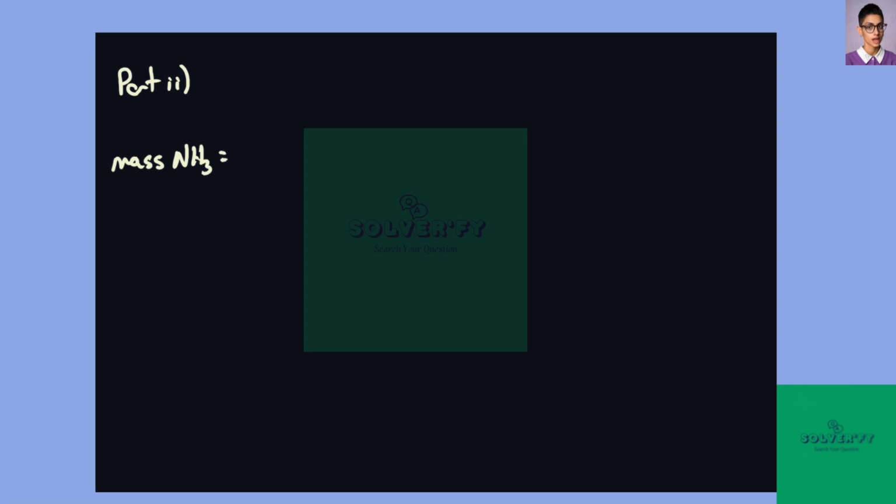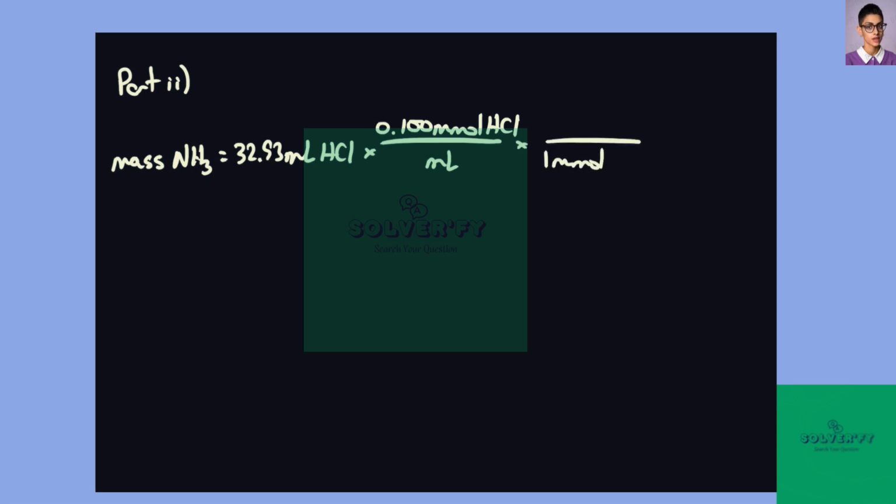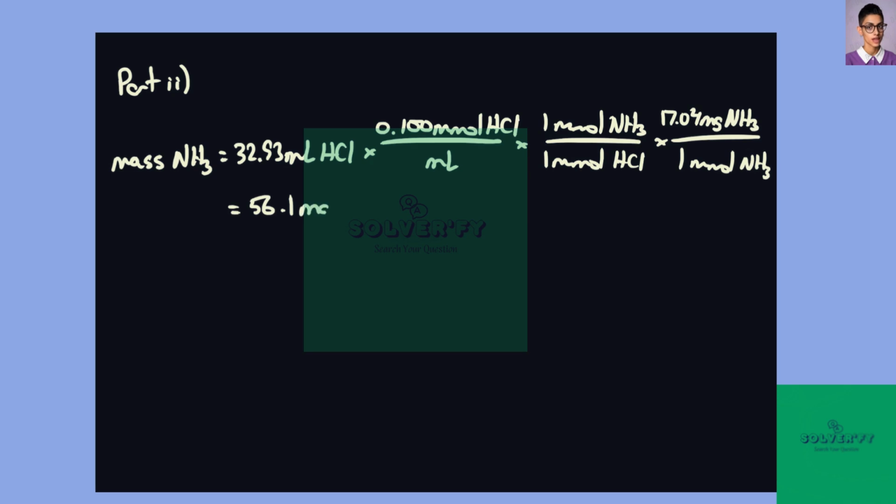So the mass of NH3 is equal to 32.93 milliliters of HCl times molarity here, 0.1 millimole of HCl per milliliter times 1 millimole of NH3 to 1 millimole of HCl, and we'll times this by the molar mass. 1 millimole of NH3 is 17.04 milligrams of NH3, and we can solve for the mass of NH3 in milligrams, works out to 56.1 milligrams of ammonia.